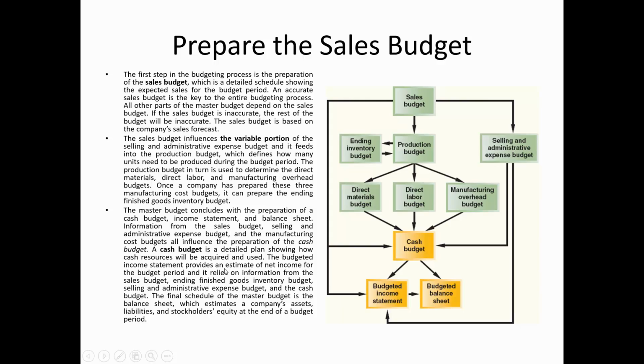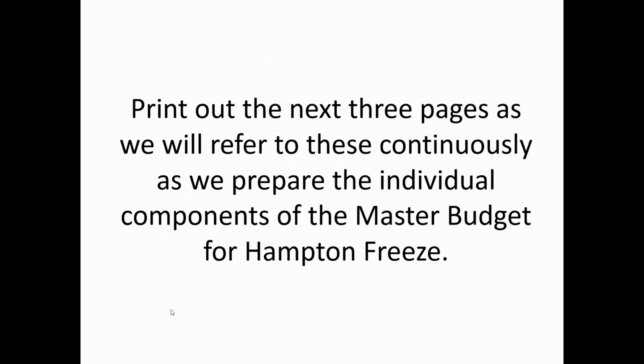The budgeted income statement provides an estimate of net income for the budgeted period and relies on information from the sales budget, ending finished goods inventory budget, the selling and admin budget, and the cash budget. The final schedule of the master budget is the balance sheet, which estimates the company's assets, liabilities, and stockholders' equity at the end of a budget period.